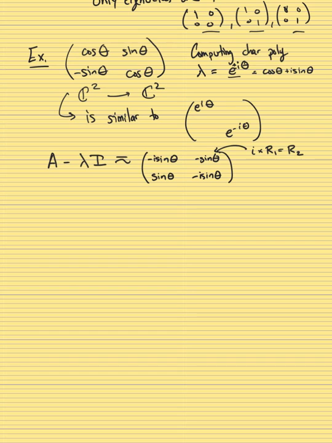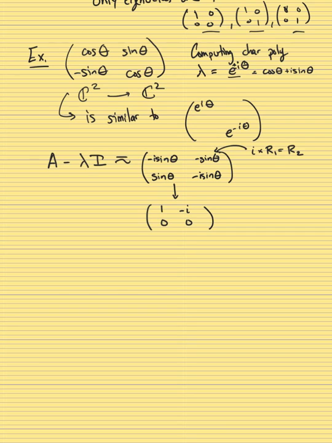In particular, we can add that to cancel row 2, and then divide by sine theta. So you can do row operations to get to 1, minus i, 0, 0.